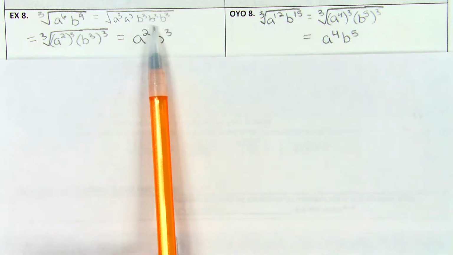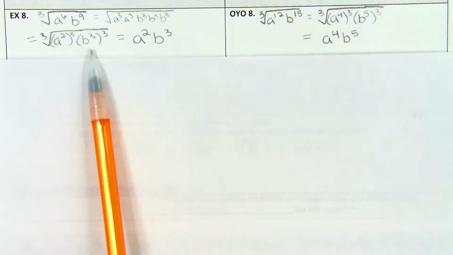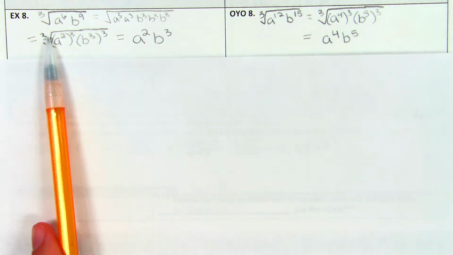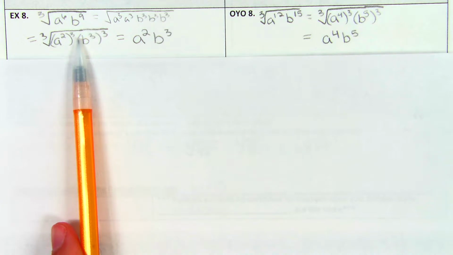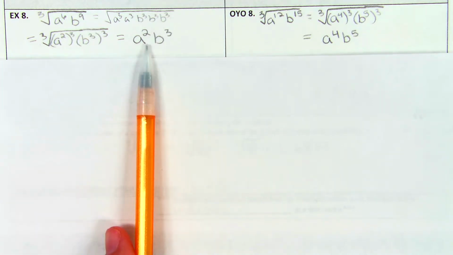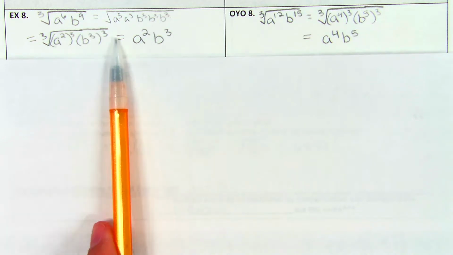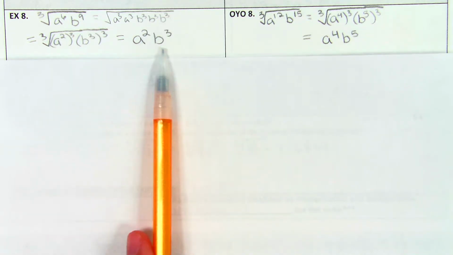See how we have three b cubes? This is b cubed being cubed. So it's another way of writing this out where we can cancel it out. Notice that when we take the cube root of a squared cubed, we were left with a squared. When we take the cube root of b cubed cubed, we were left with b cubed.